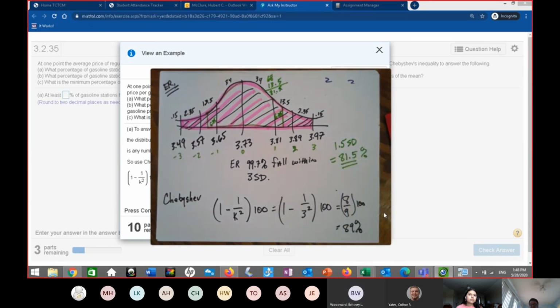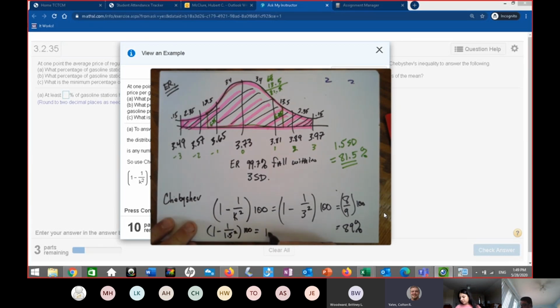So let's see what Chebyshev says. I want y'all to do 1.5 squared for me. 1 minus 1 over 1.5 squared times 100. What is 1.5 squared? It is 2.25.